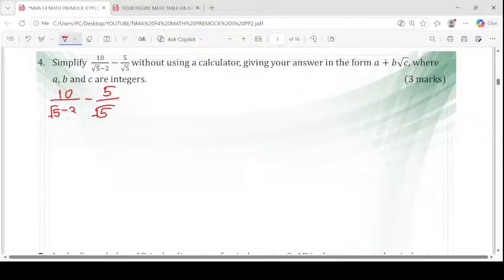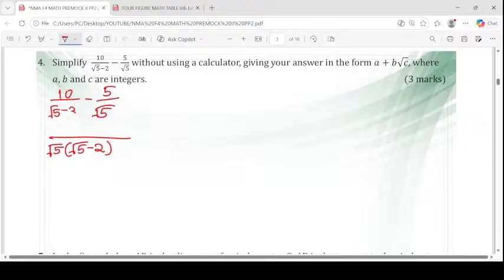What is the LCM, ladies and gentlemen? The LCM of our denominator here is the product of the two. So it will be root 5 into root 5 minus 2. That's our LCM. So when I take the LCM divided by the first denominator, the root 5 minus 2 and root 5 minus 2 cancel out.